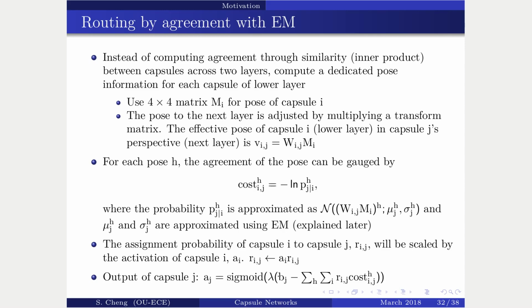The lambda here is an inverse temperature parameter, similar to simulated annealing, which basically starts with a high temperature and slowly decreases the temperature. In other words, we will have a small lambda and gradually increase lambda as we have a better and better estimate of Rij.